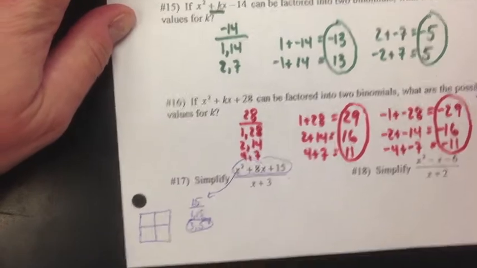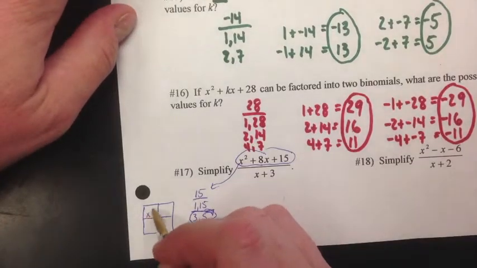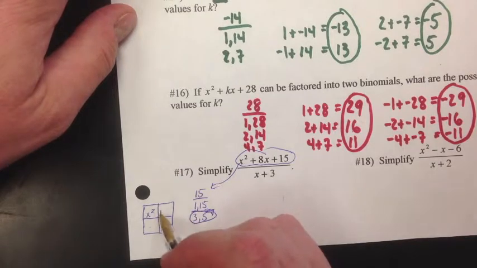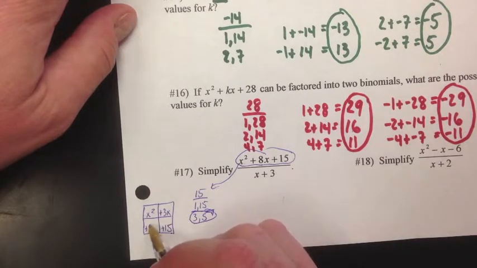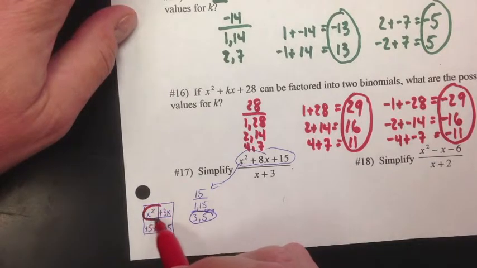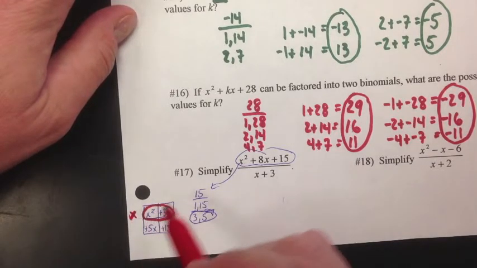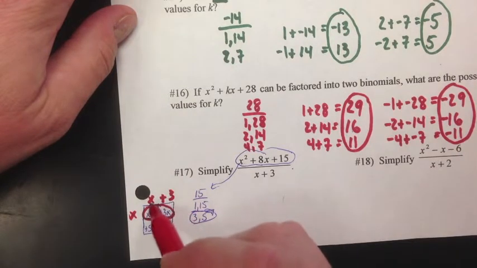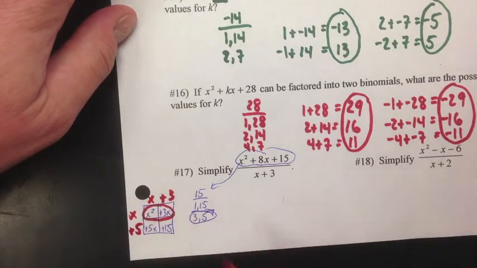So what we have here is x squared, we have plus 15, and then the two middle squares, we have positive 3x, positive 5x, and then when we pull out the factors here, the top row, that's x, and then this is times x, this is x times 3, and this is x times 5.